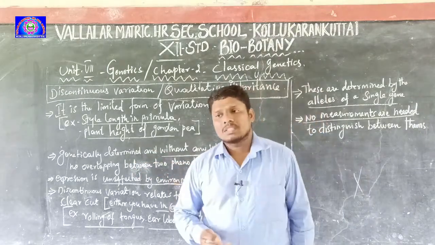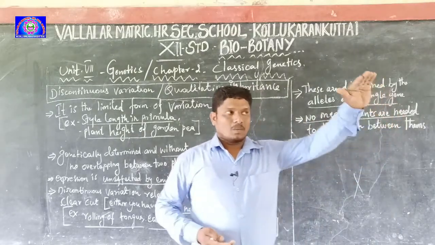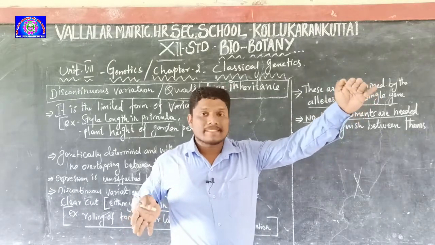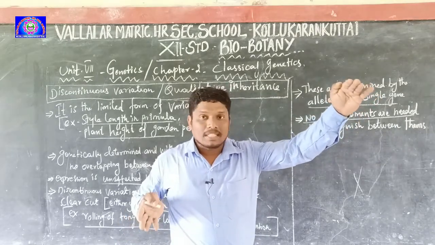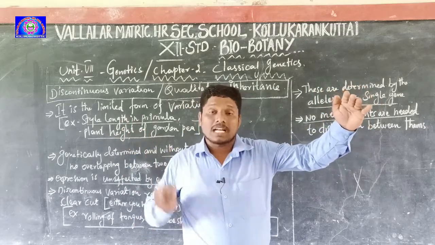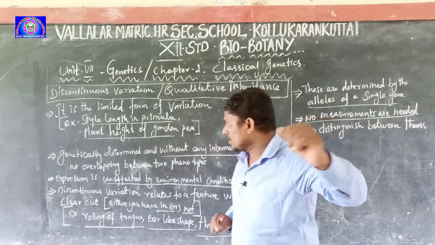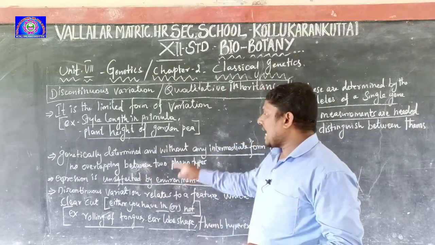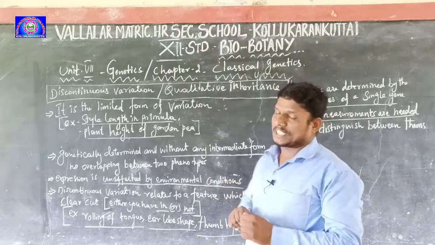Overlapping means, as I already told you, white, light black, dark black. This is called gradation. That type of gradation does not occur in discontinuous variation; it occurs in continuous variation. Then the third one: expression is unaffected by environmental conditions.